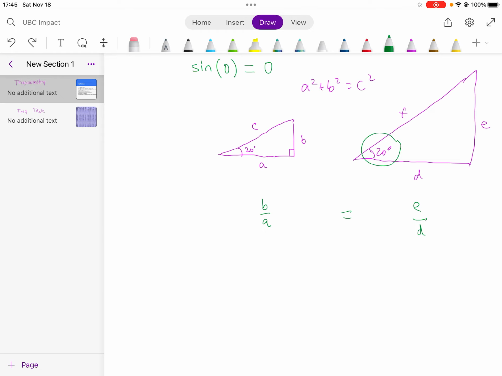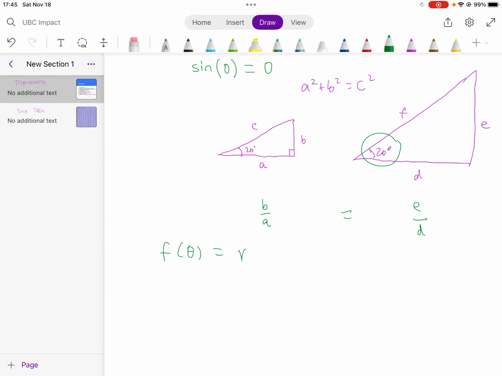What does this mean? This means that we can actually encode the fact that it's a constant by a function, because the only thing that this ratio depends on is the angle. So let's say that we have an angle, let's call it theta, and if we know the angle, then we can plug it into some function f, and we will get a ratio, call that v for value.